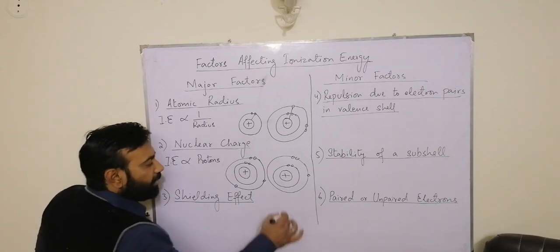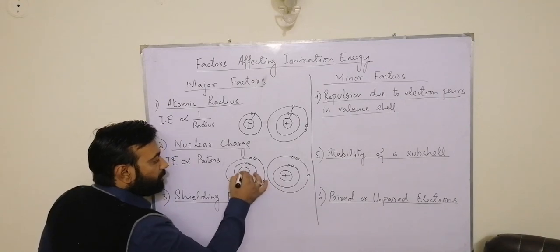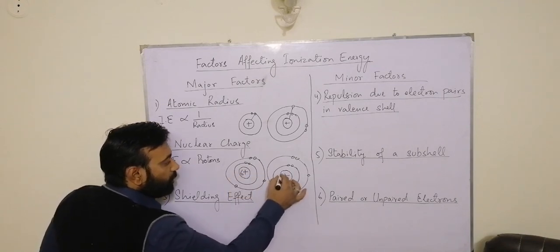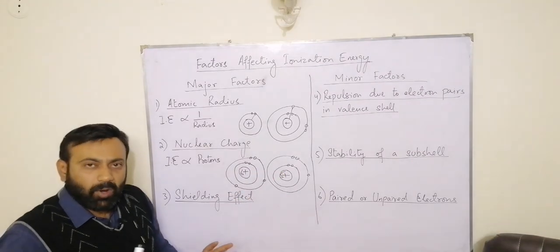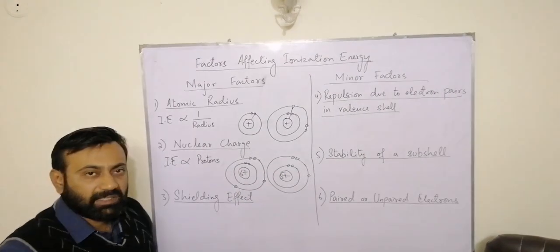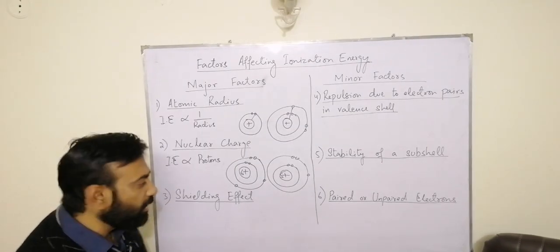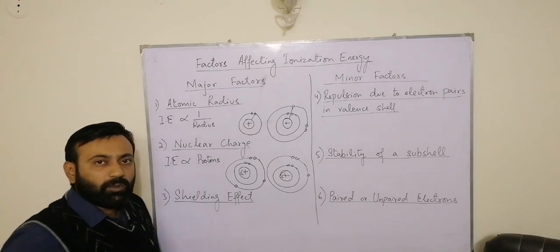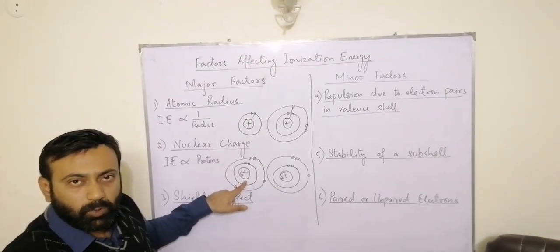But there is a different number of protons in their nucleus. The proton number of this compound is 6 and the proton number of this compound is 5. So the radius is approximately the same, although it is not exactly the same, because of the same outermost shell. But there is a stronger nuclear attraction in this case when there are 6 protons.